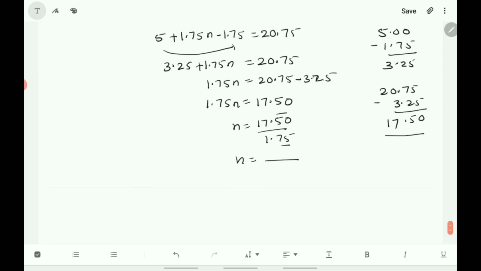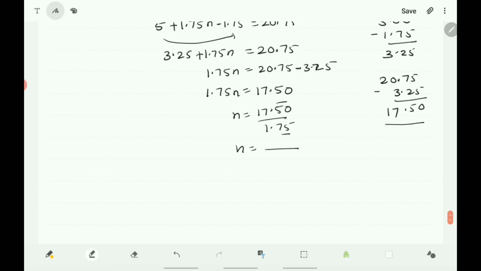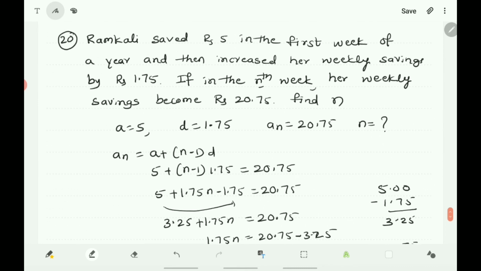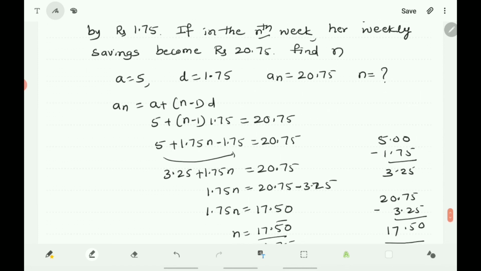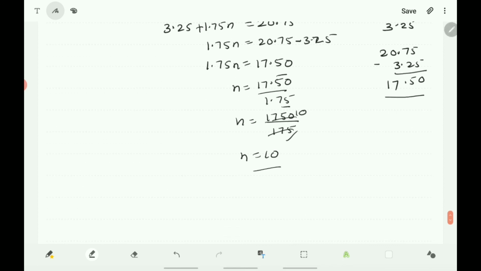You cancel the decimal points, that becomes 17.50 becomes 1750, and this becomes 175. 175 ones are 175, tens are, N is equal to 10. So here the question is, in the nth week, meaning in the 10th week, her savings reach rupees 20.75. Here N is equal to 10.